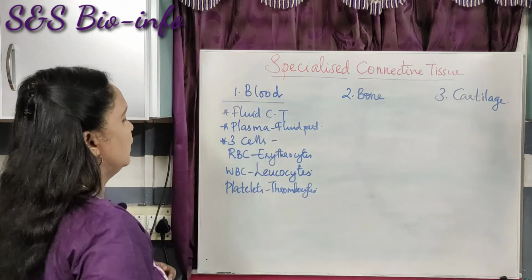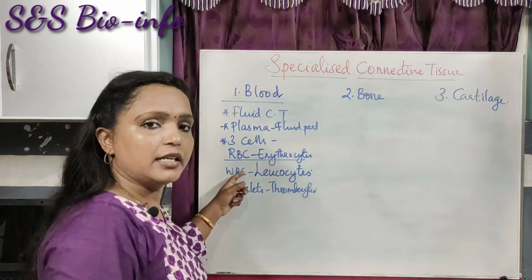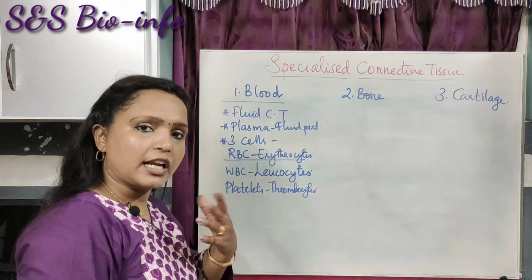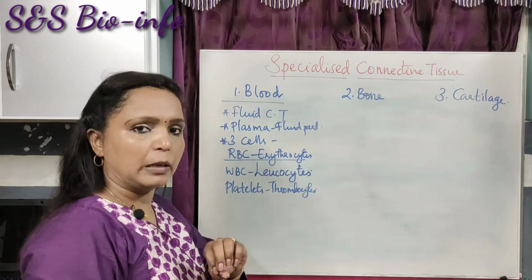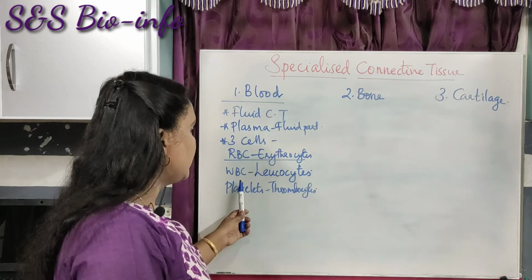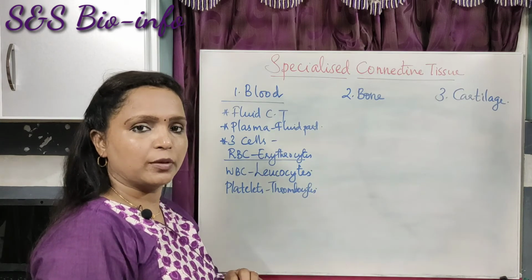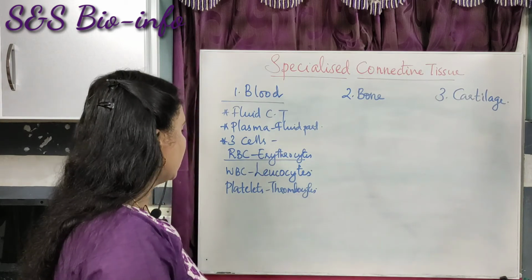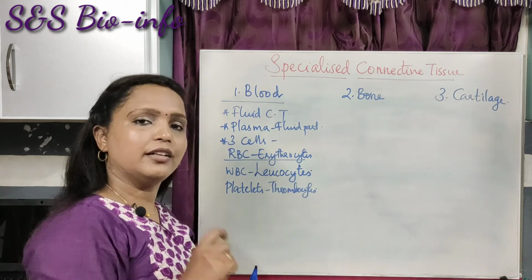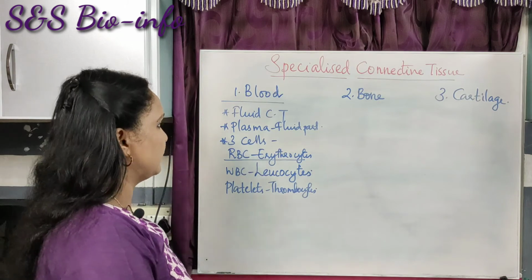RBC is red in color and it carries hemoglobin, the red respiratory pigment, which transports oxygen and carbon dioxide in the complex animal's body. The WBC, the leukocytes, are involved in the immune response or the defense of the body. The platelets or thrombocytes are mainly involved in the clotting of blood in most complex animals' body.